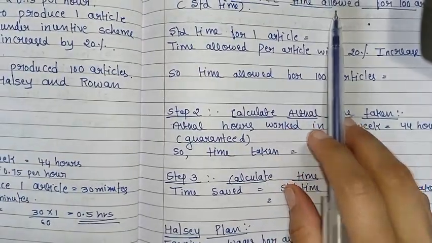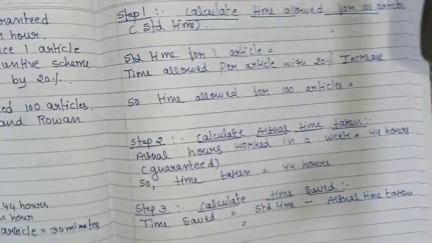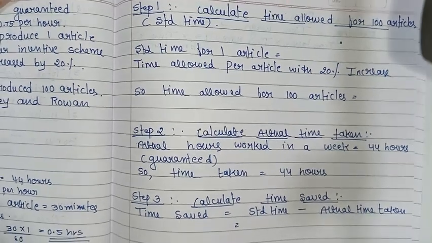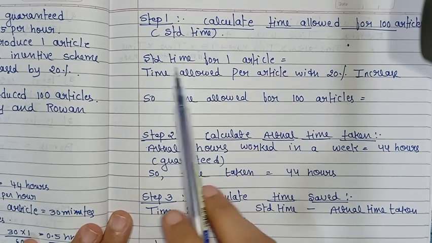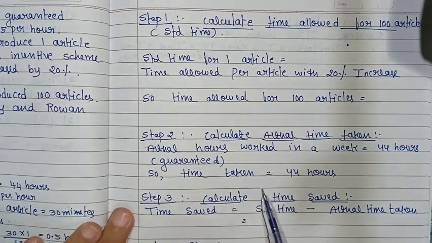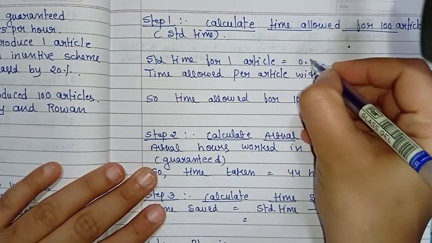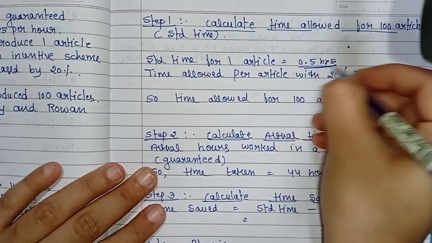Now we need to calculate the time allowed for 100 articles, which means we need to calculate the standard time. Standard time for one article is 0.5 hours, which we just calculated from 30 minutes.